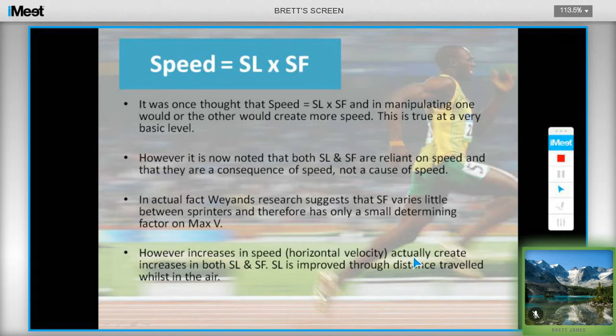However, increases in speed or horizontal velocity accurately create increases in both stride length and stride frequency. So stride length is improved through the distance traveled whilst in the air. So basically, if we're traveling faster, when we leave the ground, we travel further.